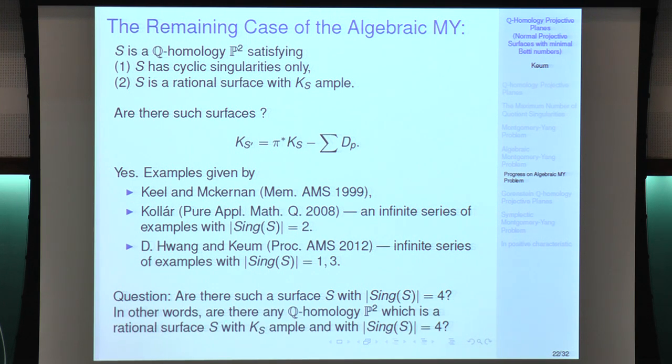In other words, is there any Q-homology P2 which is a rational surface with KS ample and with 4 cyclic singular points? Okay, so this is the status where we are.